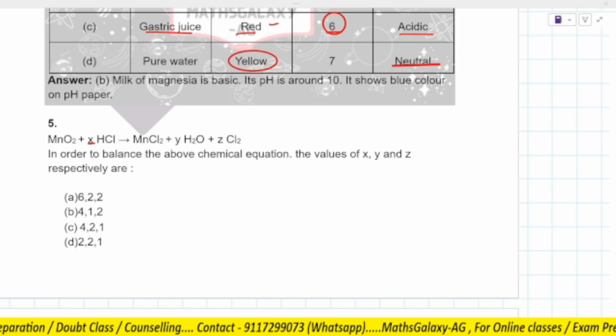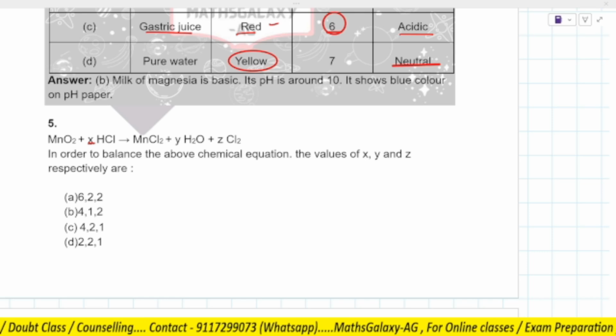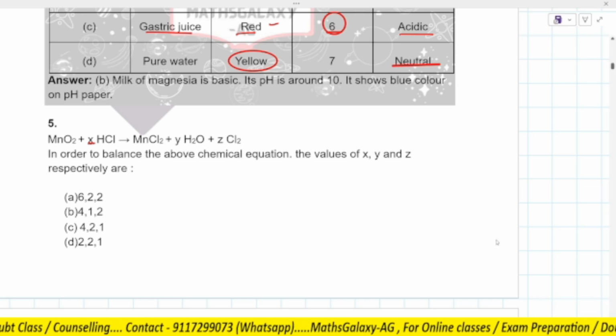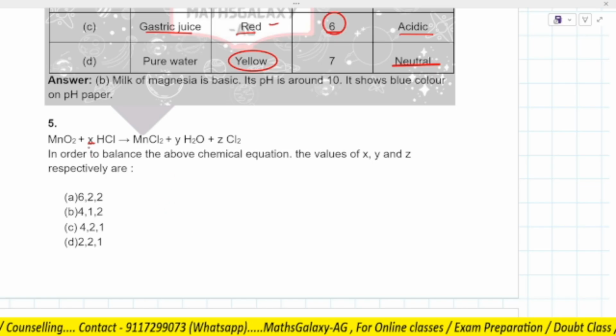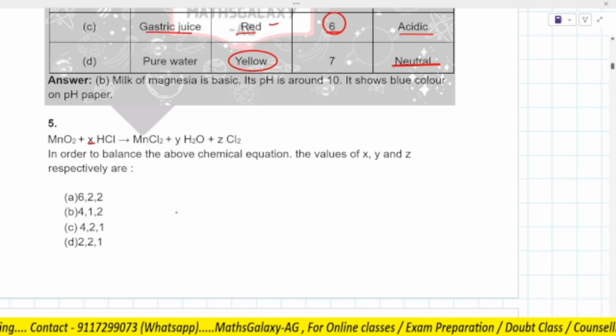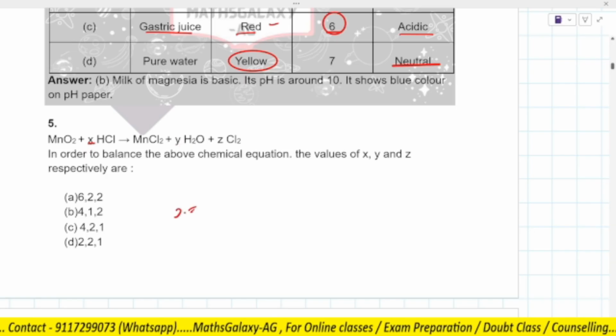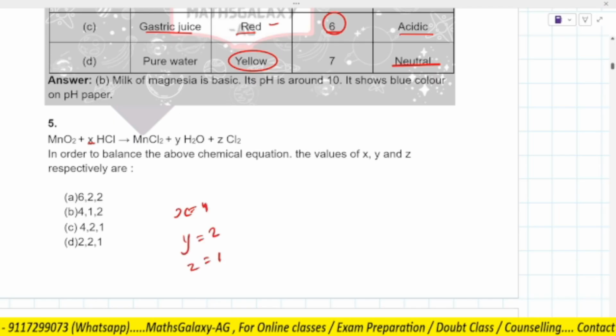Let's do 4, 2, and 4. If X is 4, then H is 4, Y will be 2. X equals 4, Y equals 2, and Z equals 1.